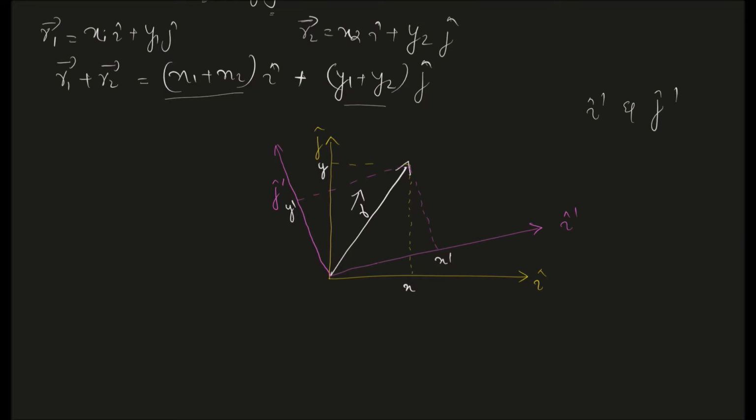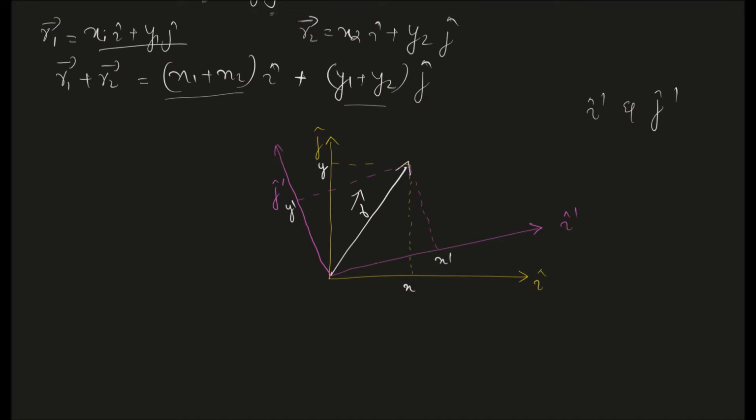Now we have a unique vector r, and while r is unique, the components are not unique. They depend on the way you choose the coordinate system. For example, if you are considering the yellow coordinate system, then its components are given by x and y, so it can be written as xi plus yj.